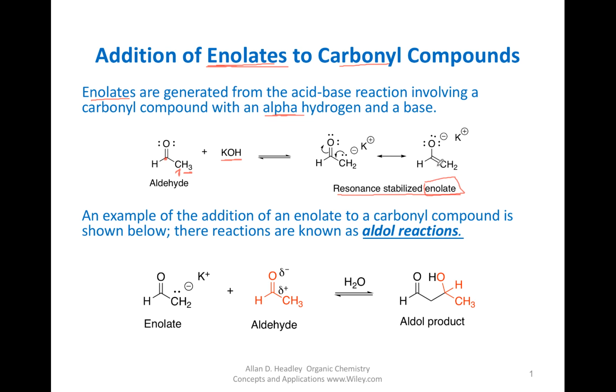As you can imagine, here's the ene, and of course the olate is the salt. But these two structures here are in fact the resonance structures of the enolate, which is generated by the abstraction of an alpha hydrogen from a carbonyl compound, in this case an aldehyde.